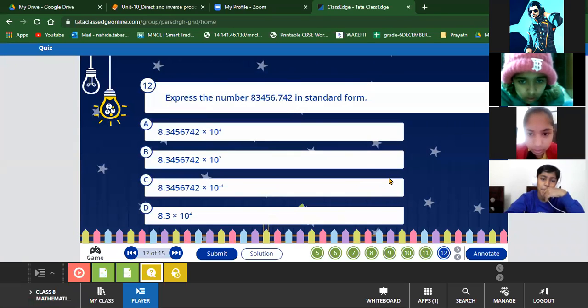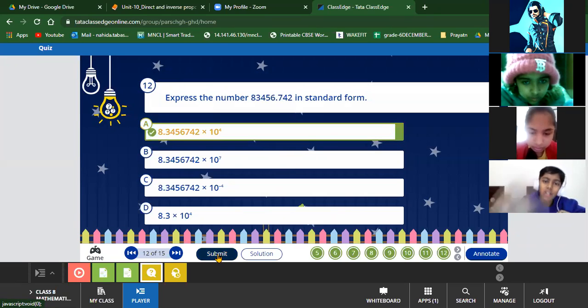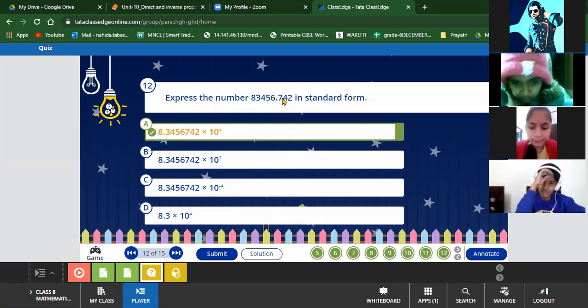We should just move from there only. Yes, just 4, 10 to the power 4. Because we don't have to count the numbers which are already after the decimal. Because we are shifting the decimal from here. So we have to only move it 4 decimal places. Okay. Right?